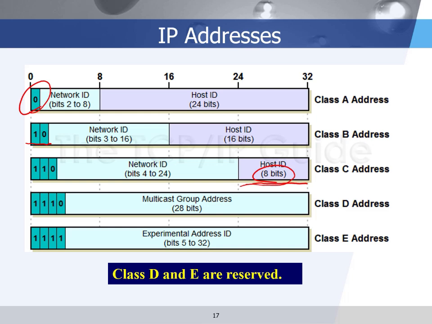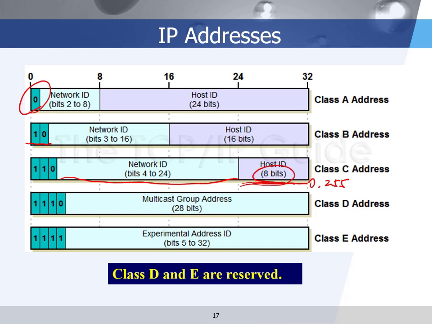And each number can represent one machine. And because we don't use 0 and 255, we totally have 254 different numbers. So for this type of IP address, we could have 254 machines in one network because the rest of the IP address can represent the network ID.